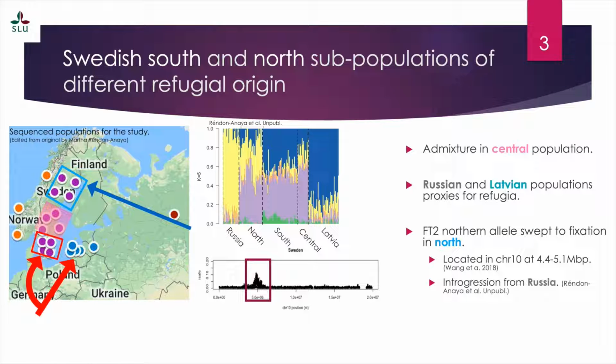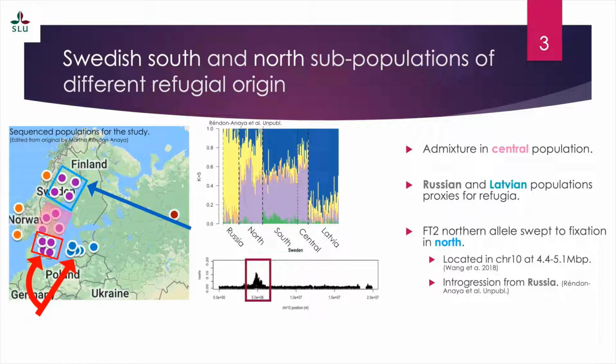What makes the Swedish Populus tremula so interesting to study is the fact that the south and north subpopulations have different refugial origin. Now, I will be calling these subpopulations populations for clarity's sake in the coming slides.